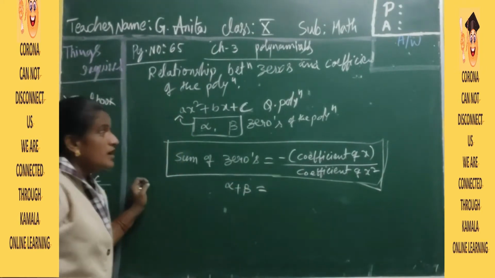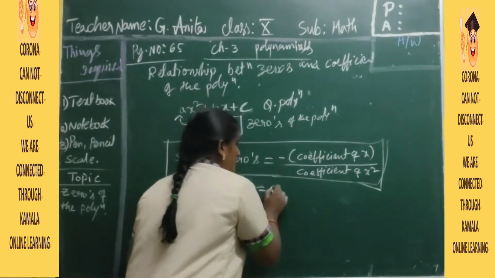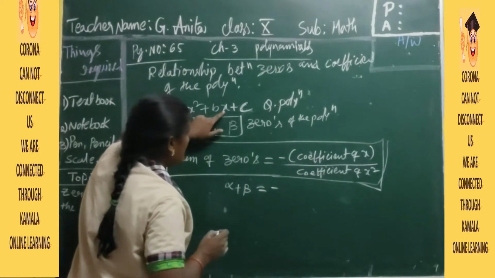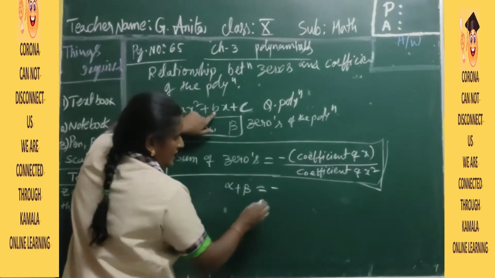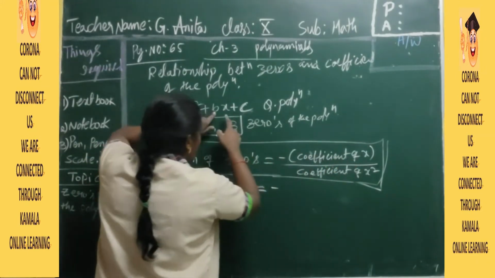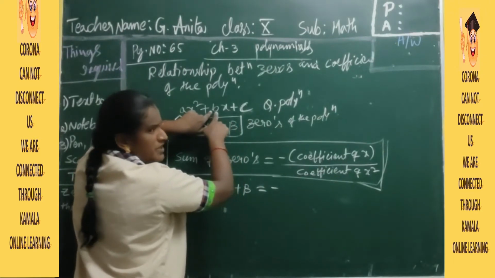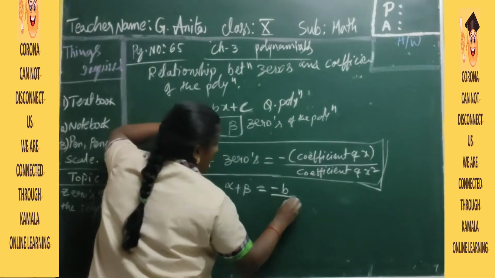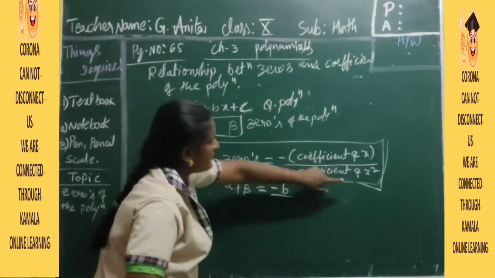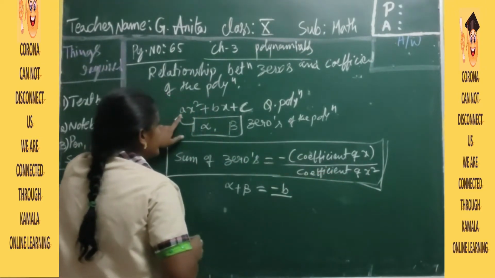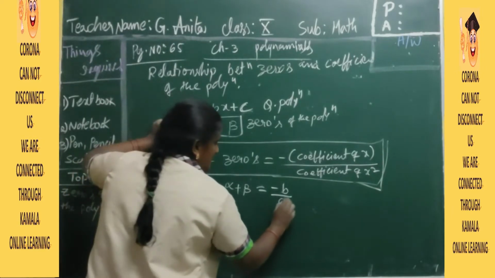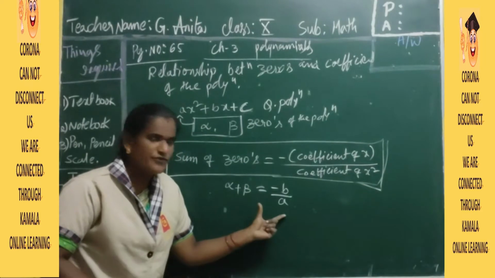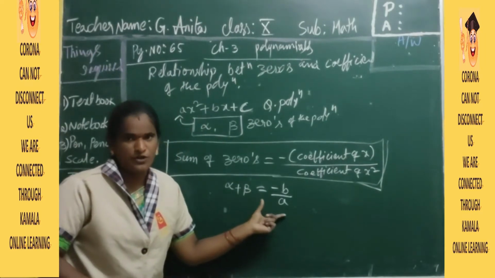Clear, children? Minus, keep like that only, coefficient of x. What is the coefficient of x here? b. Yes or not? Coefficient means multiple. Which number is multiplied with x? So coefficient of x by coefficient of x square. What is the coefficient of x square? a is the coefficient of x square. This is the relation between zeros and coefficients of a given polynomial.